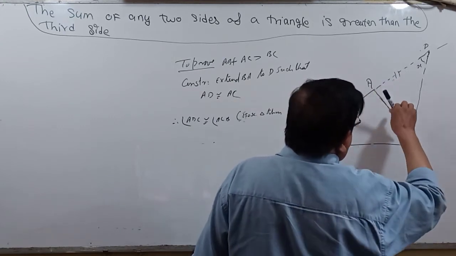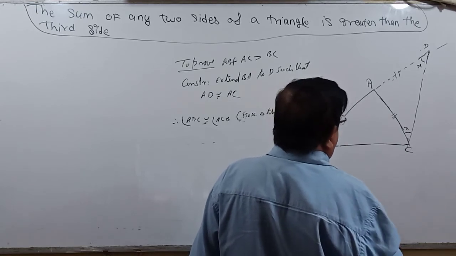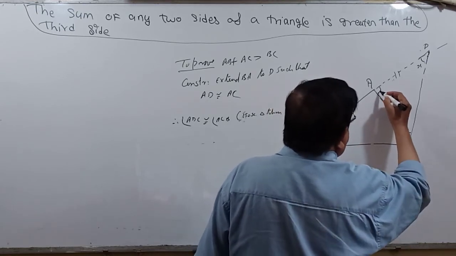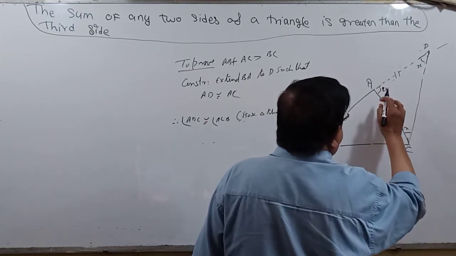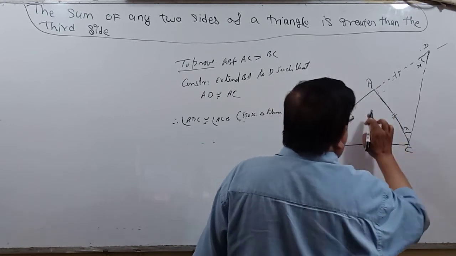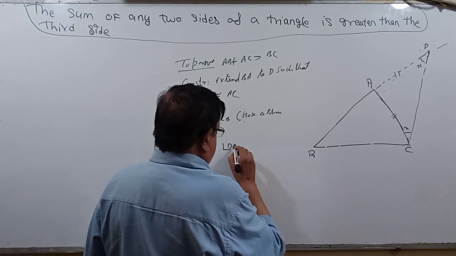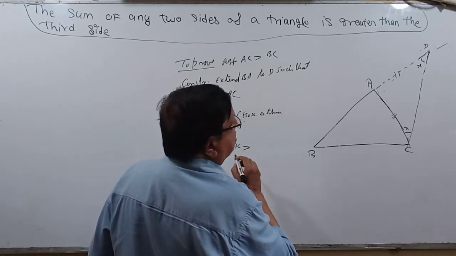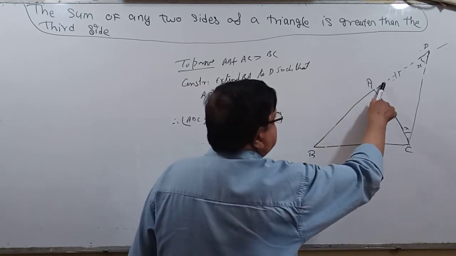AD is congruent to AC. This is x and this is x. This is 2x. This is greater than this angle. Angle DAC is greater than angle B.